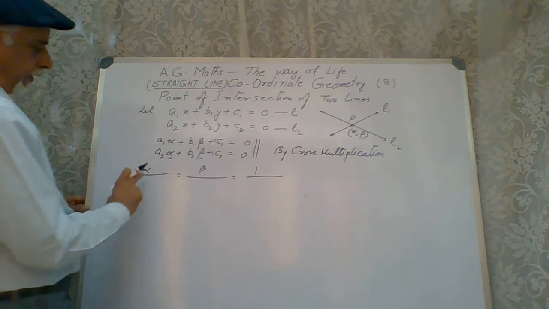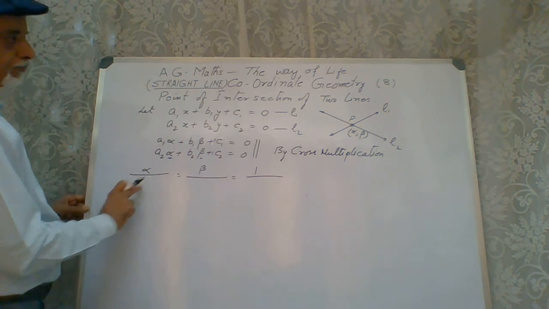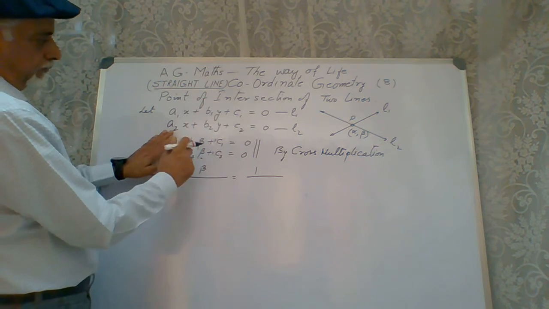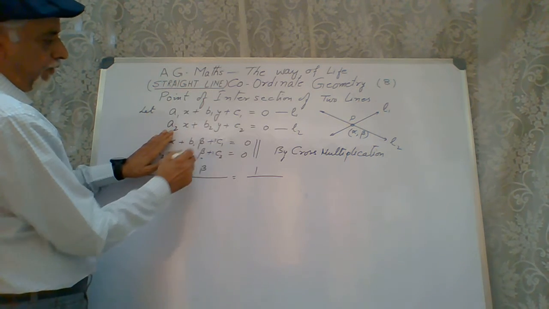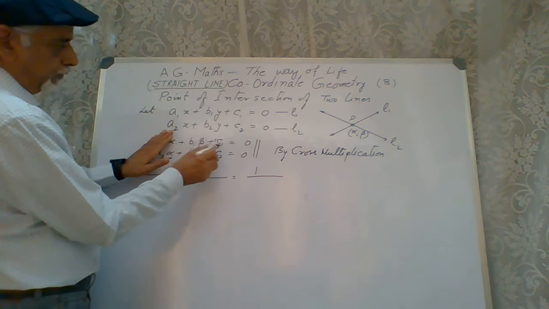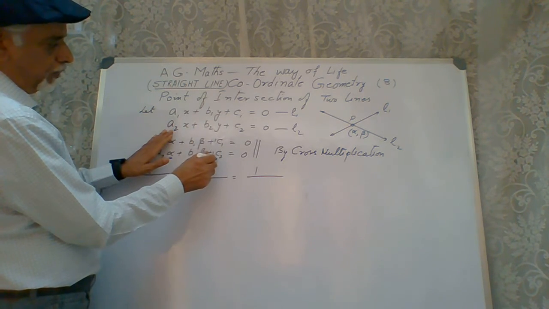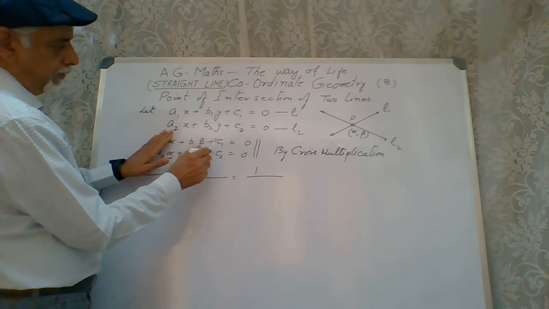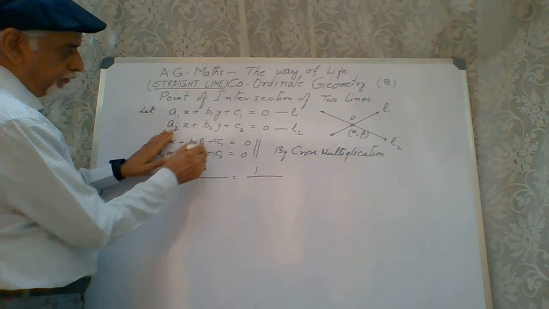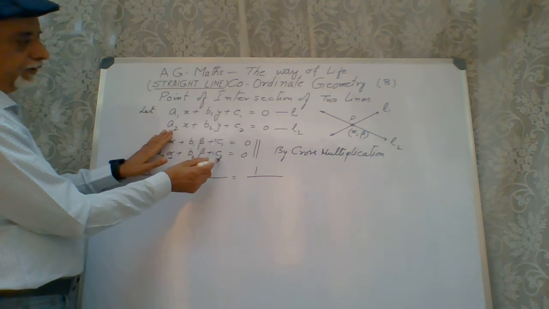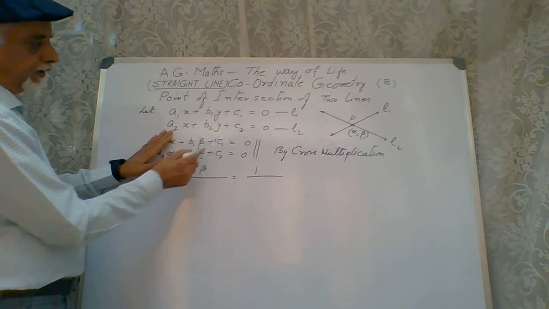Now to find what to write under alpha, as per cross multiplication, you cover the alpha part and multiply the coefficients of the remaining two elements. Starting from the top, go down crosswise, then shift and go up.